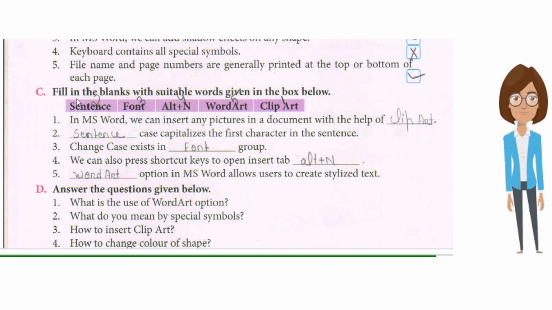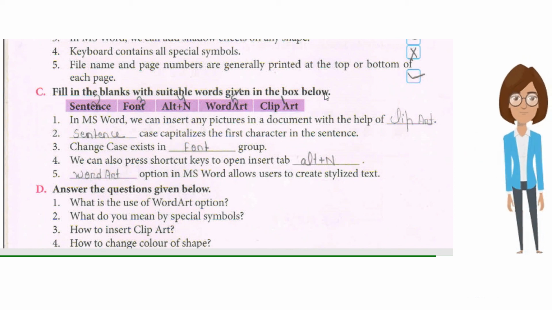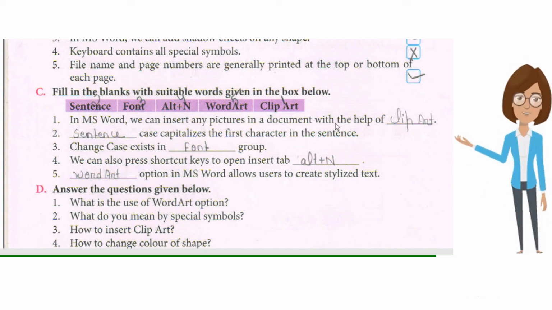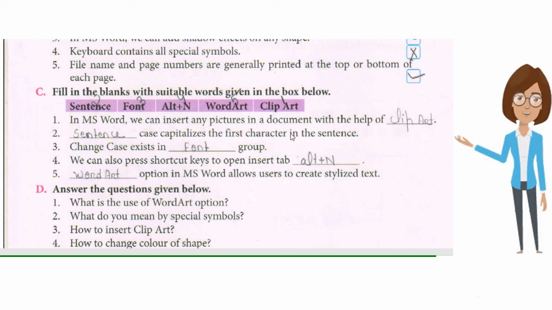C. Fill in the blanks with suitable words given in the box below. 1. In MS Word, we can insert any pictures in a document with the help of clip art. 2.